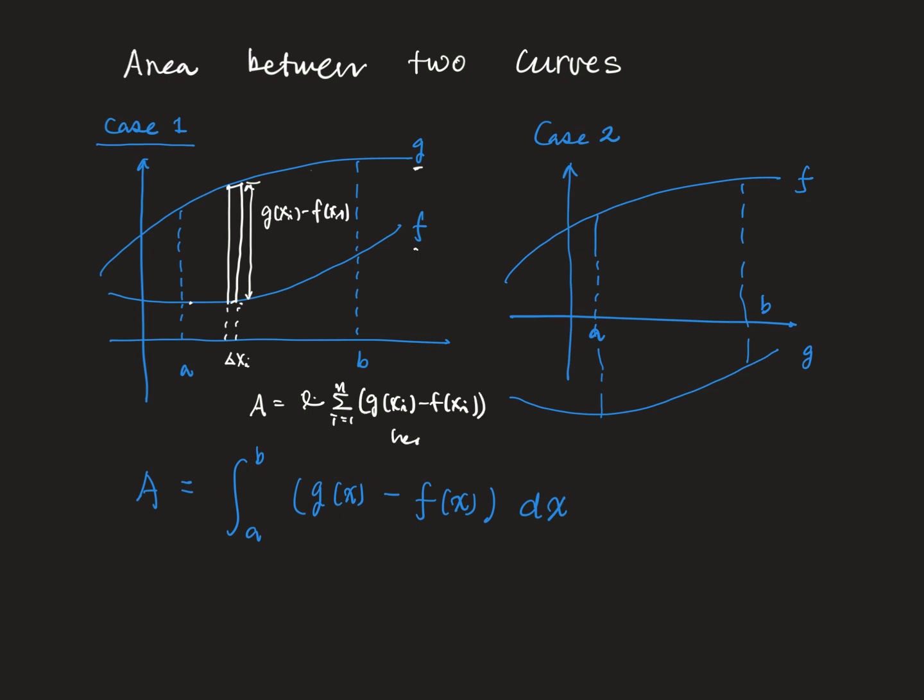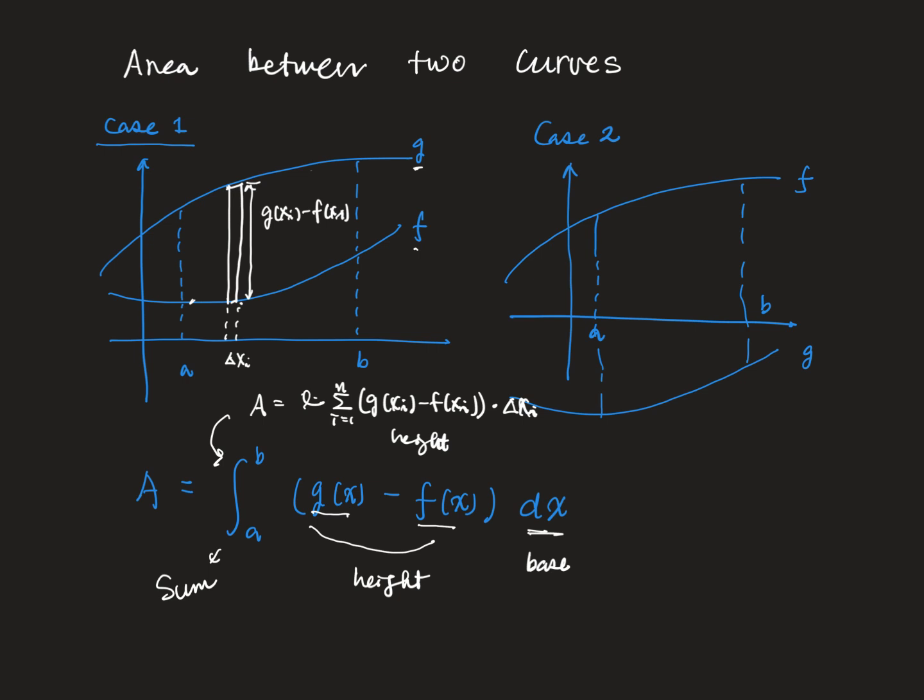This is the height, and times the base delta x_i. That's how we define the definite integral: the integral from a to b of g(x) minus f(x) dx. Just think of this one as height and this as base. The integral means adding everything together, the sum. That's how we find the area between the two curves.